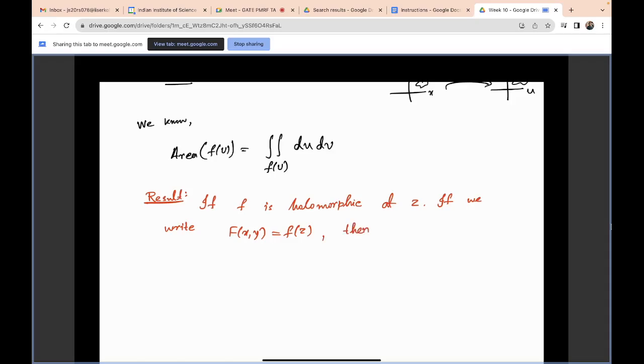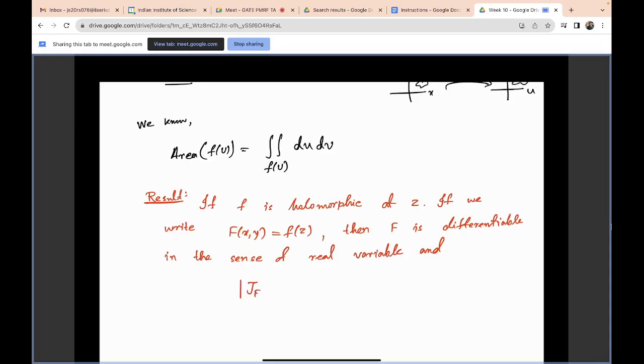Then capital F is a function from R2, and f is a function from C. Then F is differentiable in the sense of real variables, and you can write down the Jacobian determinant.